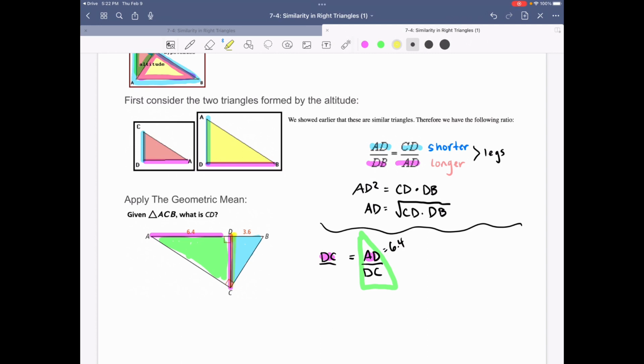And the small side of the blue triangle is DB. So we would put DB right here because the small leg corresponds to the small leg of the big triangle, which is DC. And we will say that that is equal to 3.6. And the small triangle was blue.